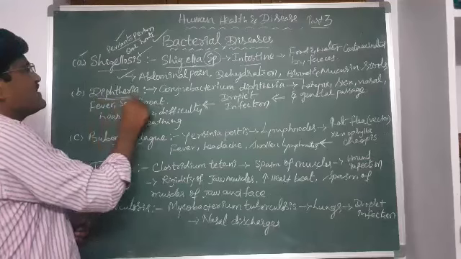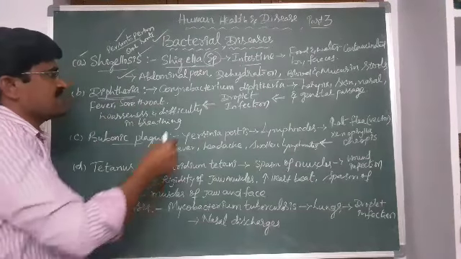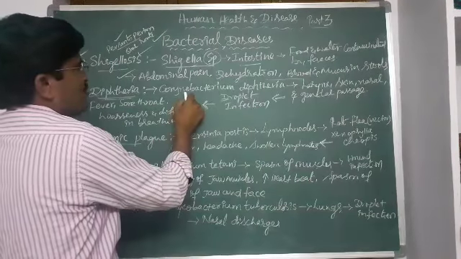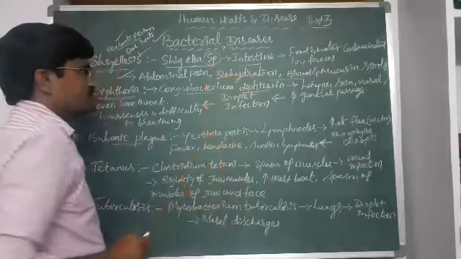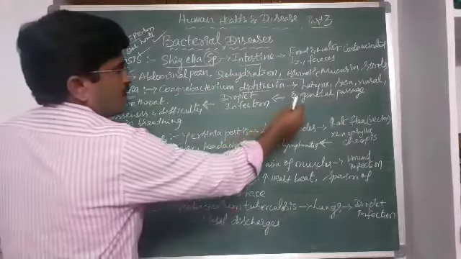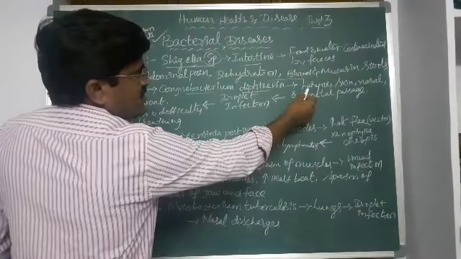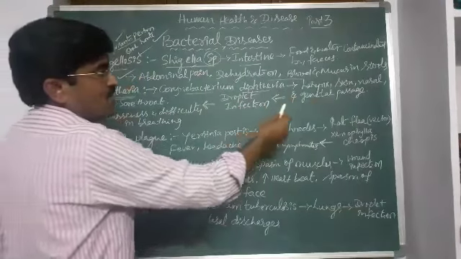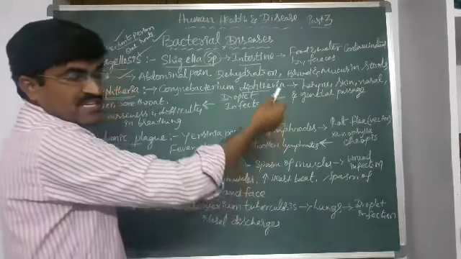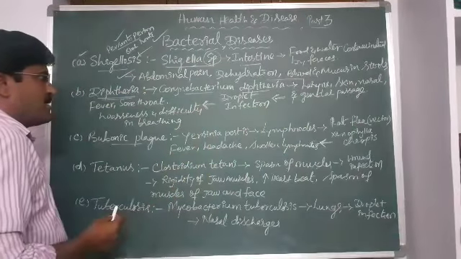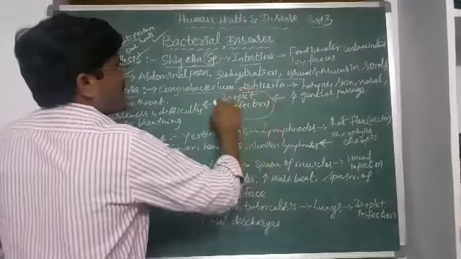And B is diphtheria, the causing agent is the bacterium Corynebacterium diphtheriae. It affects the passage of the larynx, that is the sound box, as well as the skin, nasal passage and genital passage areas, happening through droplet infection.